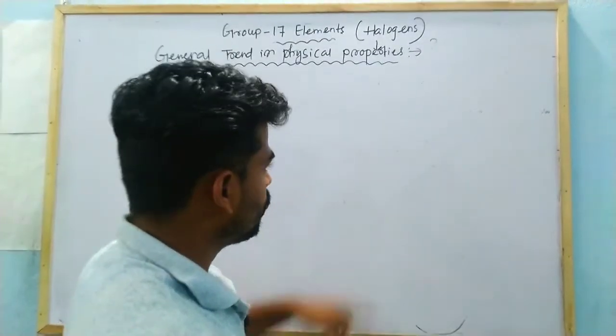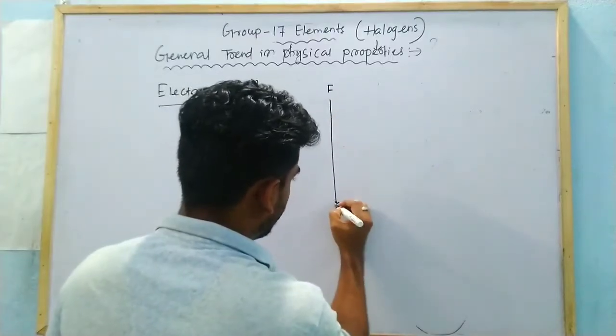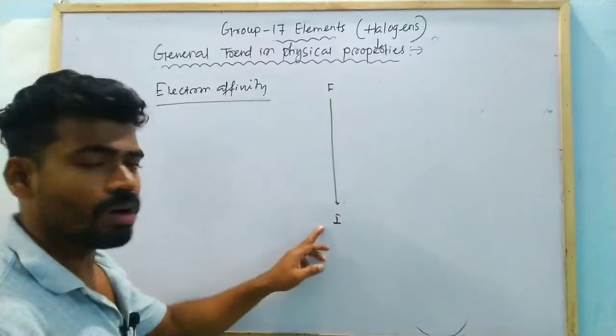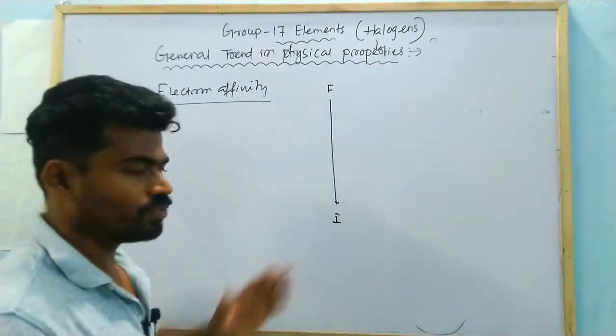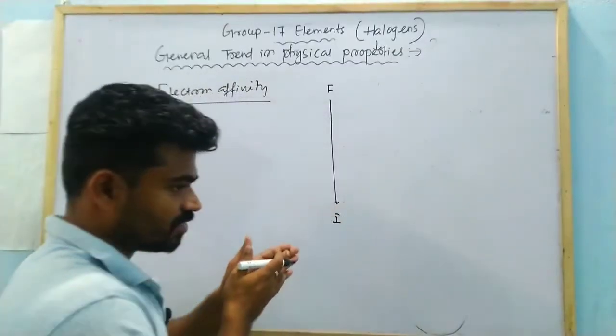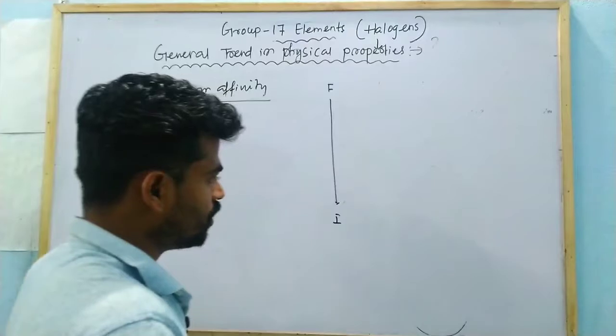When you are moving from fluorine to iodine, along the group, atomic size goes on increasing, and the distance of the nucleus from the valence shell also increases.